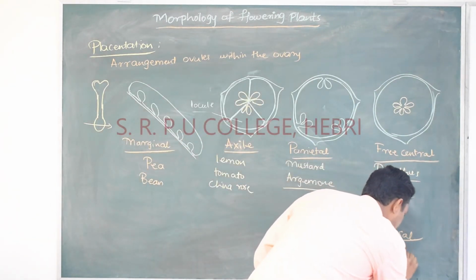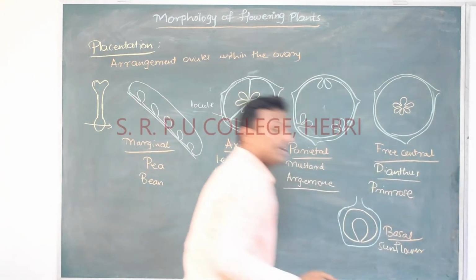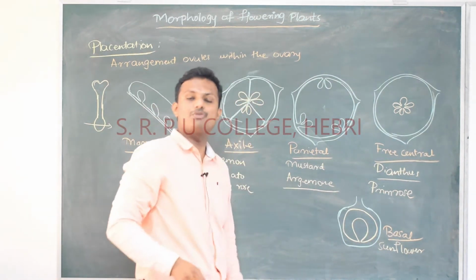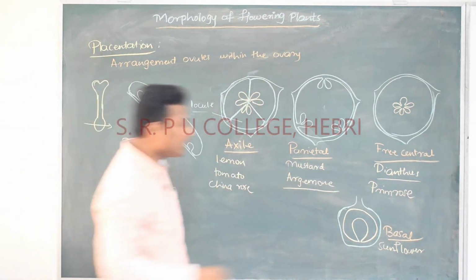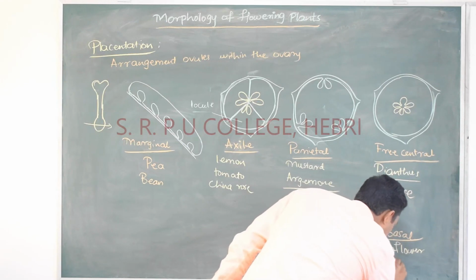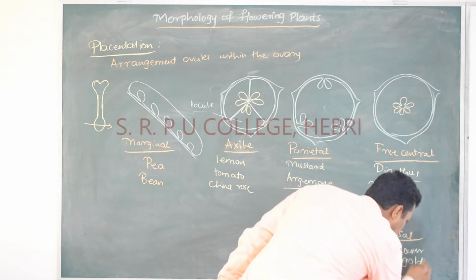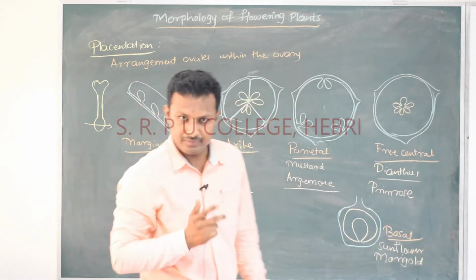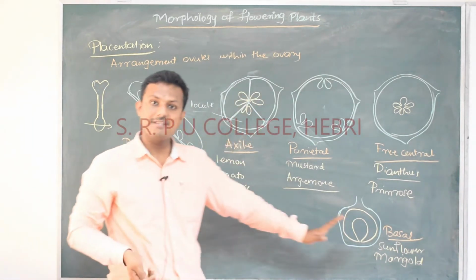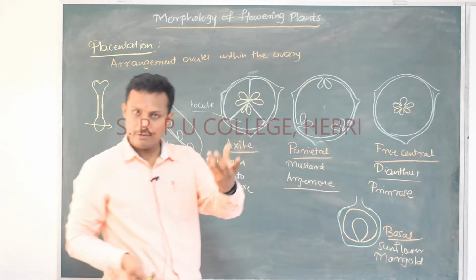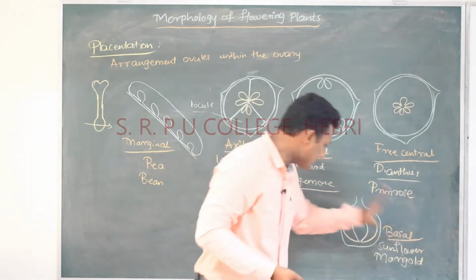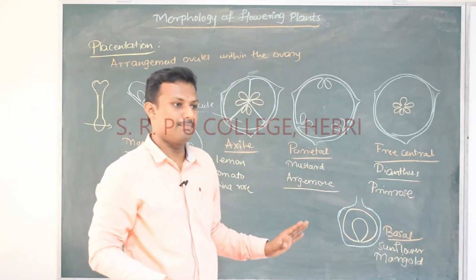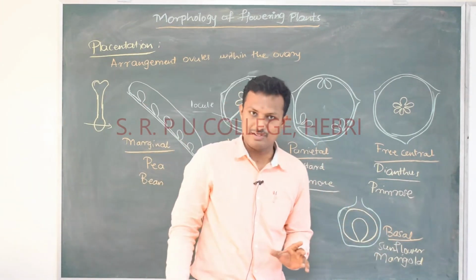It can be seen also in marigold. Marigold means what? Chendu hoo in Kannada, and genda phool in Hindi. So marigold and sunflower are the two best examples for basal type of placentation, right?